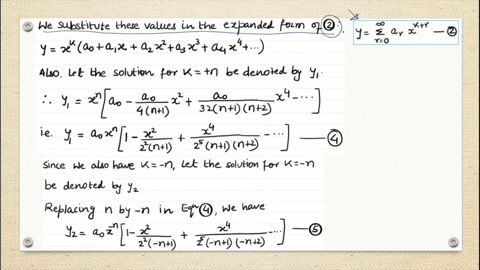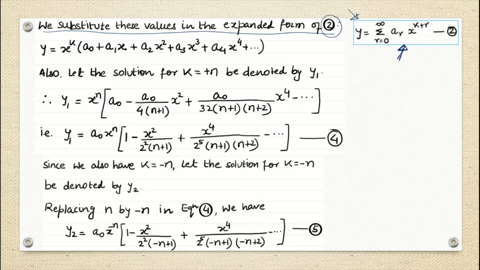The Bessel differential equation is the differential equation 1 whose form we have to memorize. Second is the general form for any question. If further you are going to solve using the power series method, this will always be the first term to start with. So it is y equals the summation r equals 0 to infinity a_r x to the power k plus r.